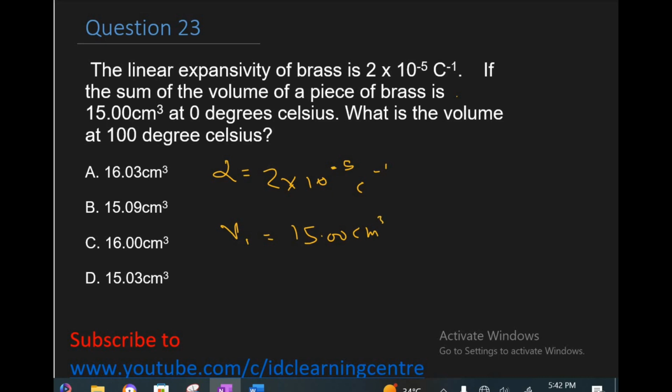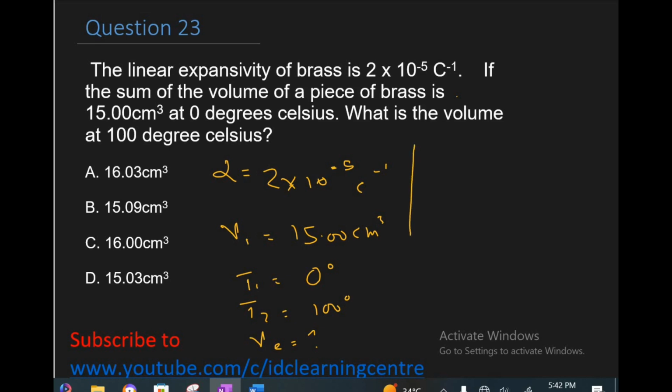Then the temperature, we have T1, or you can use theta, which is 0 degrees. Then we have T2, which is 100 degrees. V2 is the new volume we are asked to find. V2 equals question mark.